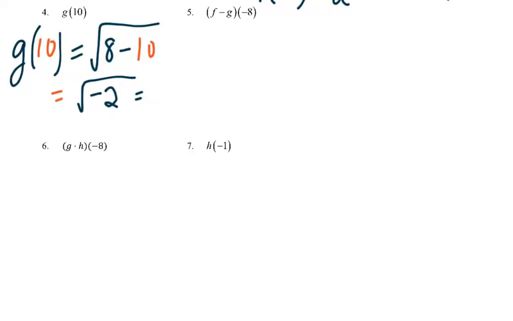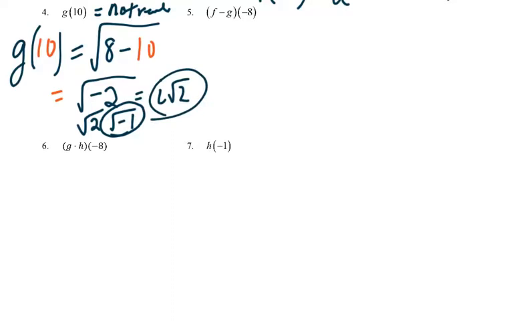We could say that this is the same thing as the square root of 2 times the square root of negative 1, and the square root of negative 1 is defined as being i, an imaginary number, and so we could say that this is i root 2 if we wanted to, but we could just say it's not real. So you'll be given an option to indicate if it's not real, or if they tell you you're allowed to have an imaginary answer, you could write it as an imaginary answer.